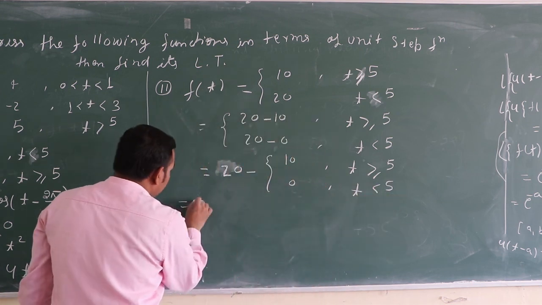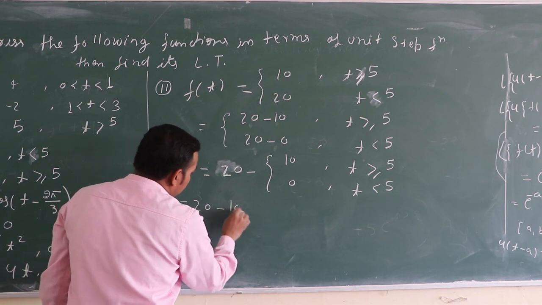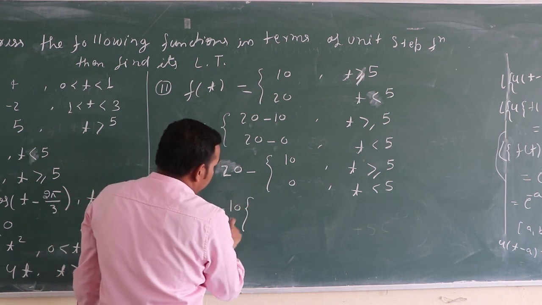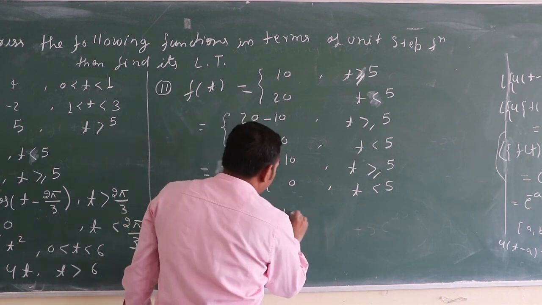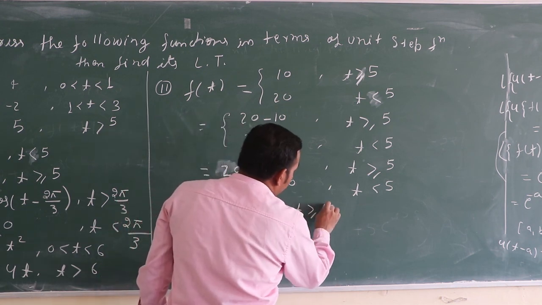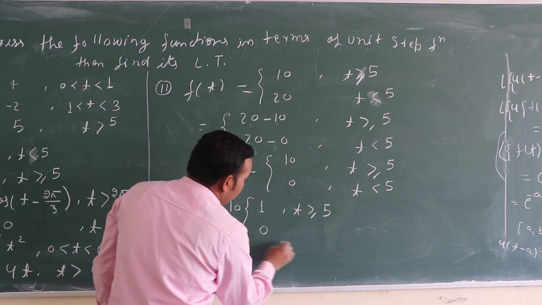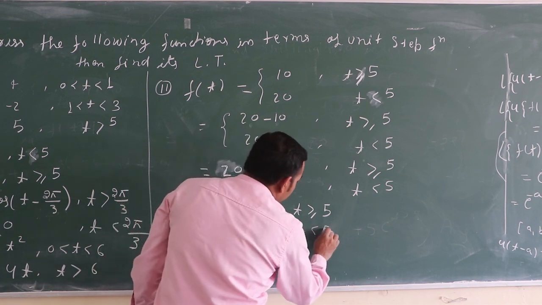Similarly, 20 minus 10, take 10 as common, that is 1 for t greater than or equal to 5, and 0 for t less than 5.